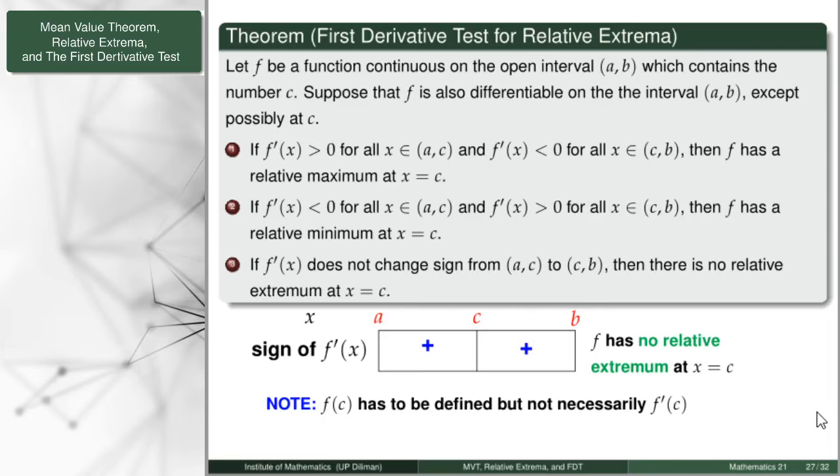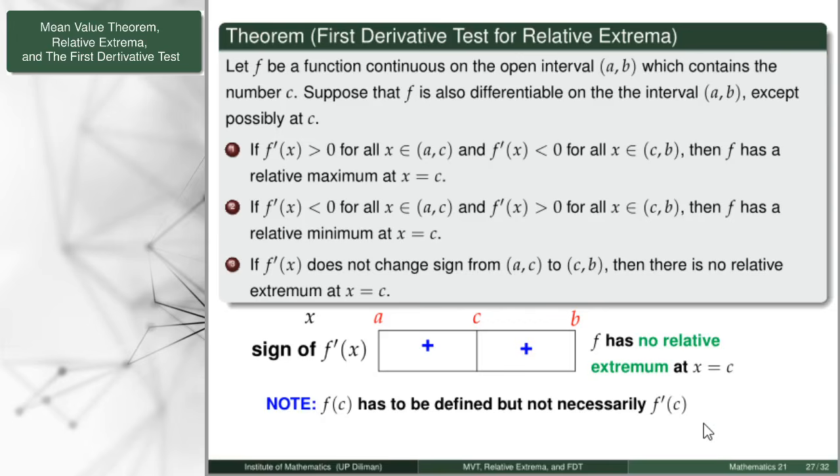So instead of analyzing every real number in the domain, we will obtain critical point c and analyze what happens to the derivative at the left of c and on the right of c. Third, the first derivative test also affirms the fact that a relative extremum of a continuous function is a point of change.